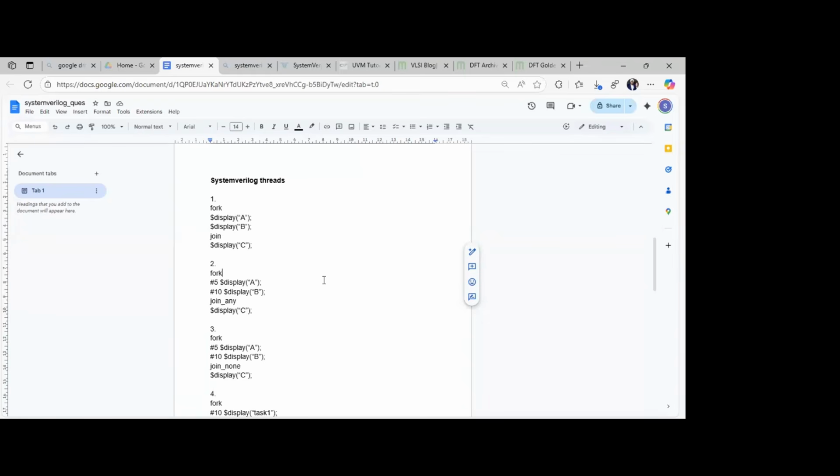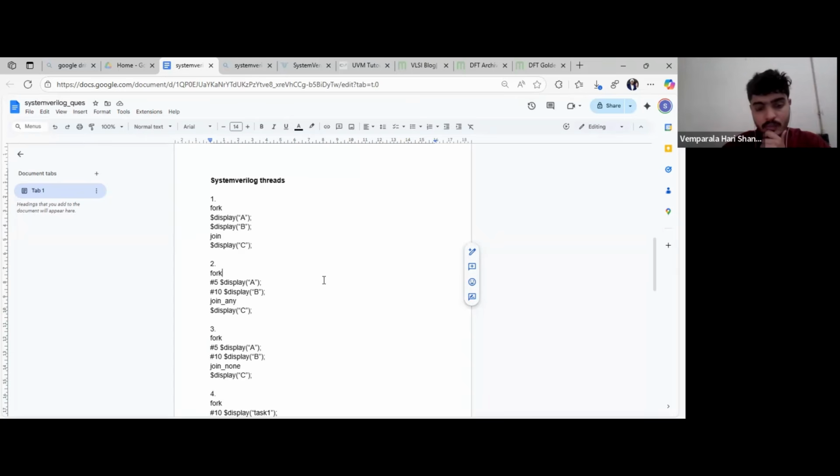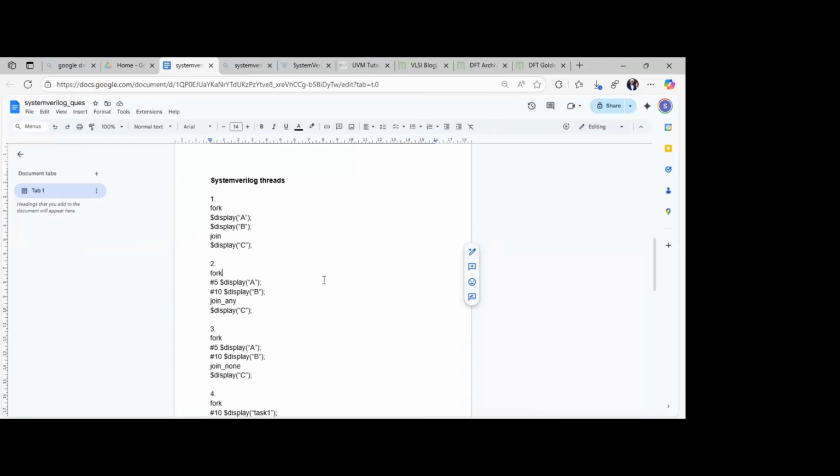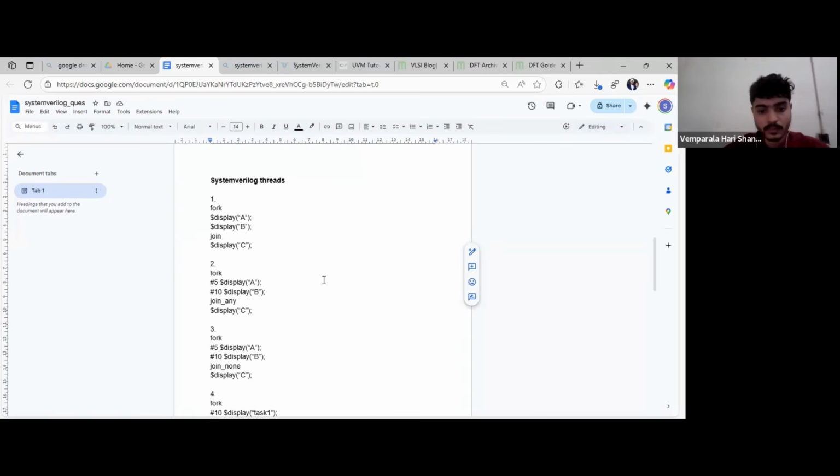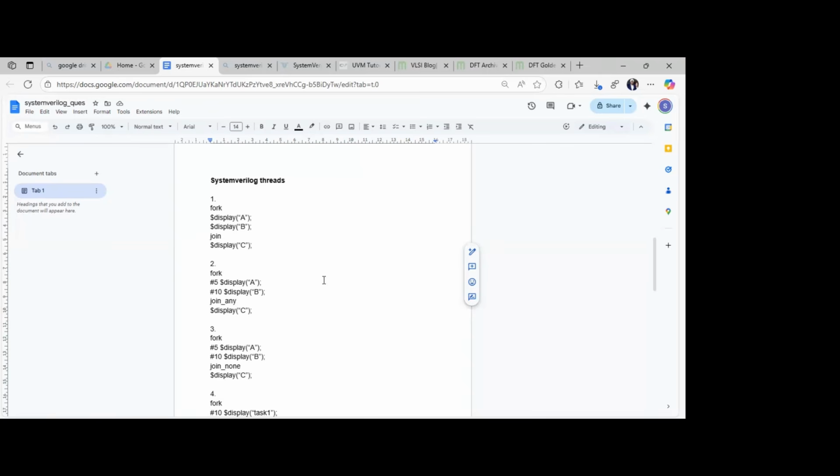By using fork join, fork join any or fork join none, we are creating a thread in a parent class. After the A is executed at the 5 nanosecond, the child ends, and then the parent's C will be printed, and then the child B will be printed.